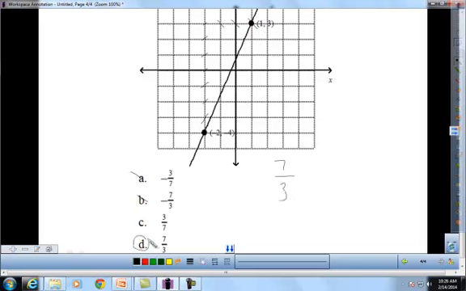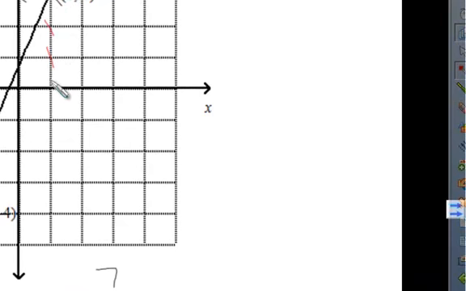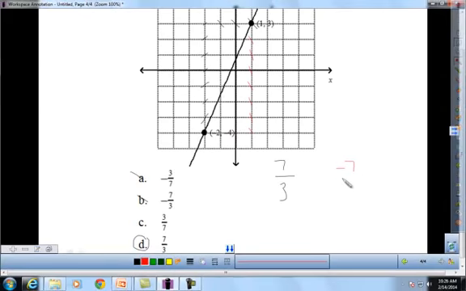Now, some of you like actually starting off with the one that's on the top, and that's perfectly fine also. I'll do that in red. So if you start off with the top point, wherever it's going to be, we can go down 1, 2, 3, 4, 5, 6, 7, which would make it a -7 because you're going down, but then you're going backwards 1, 2, 3 spots, and that's a -3 there.